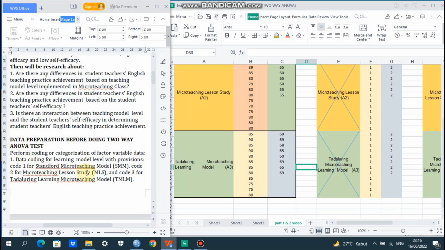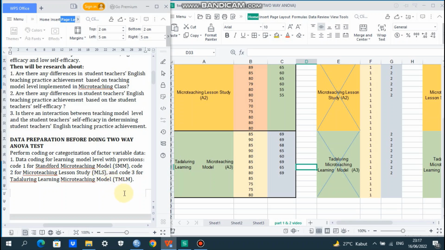Okay, we have data preparation before doing two-way ANOVA test. Perform coding or categorization of factor variable data. So the data coding for learning model level with provisions: code 1 for Stanford Micro Teaching Model, abbreviated SMM. Code 2 for Micro Teaching Lesson Study, abbreviated as MLS.